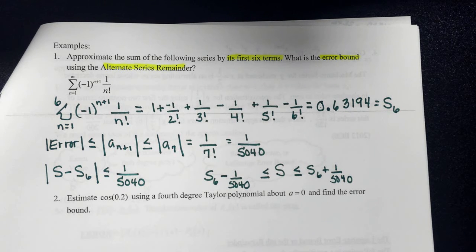So my actual sum is within 1 over 5,040 of the partial sum, either less or greater.